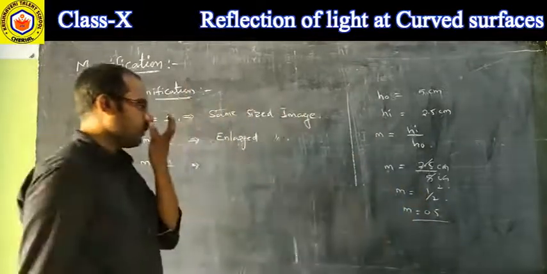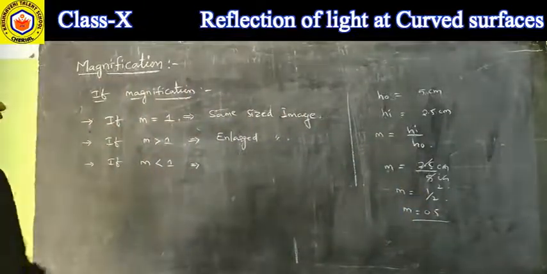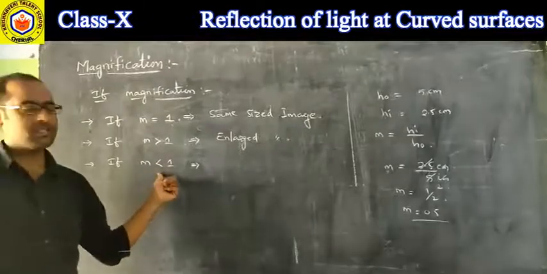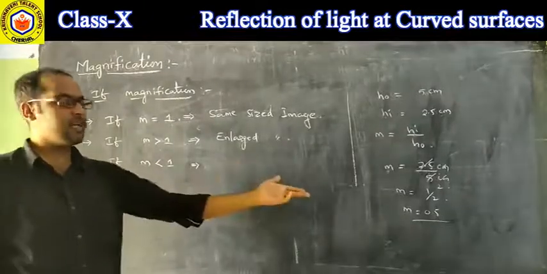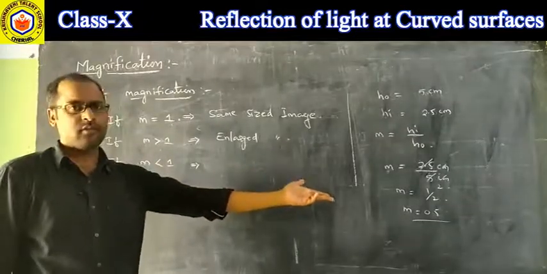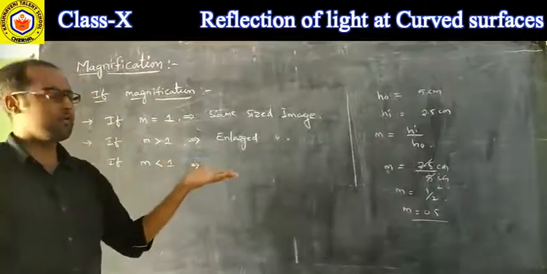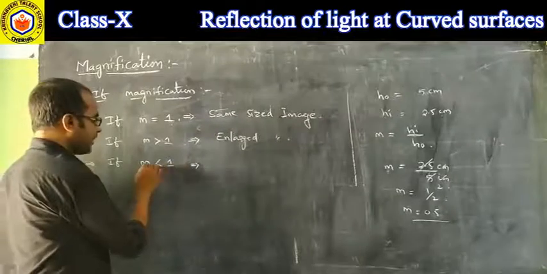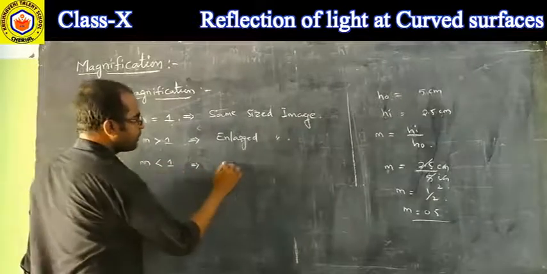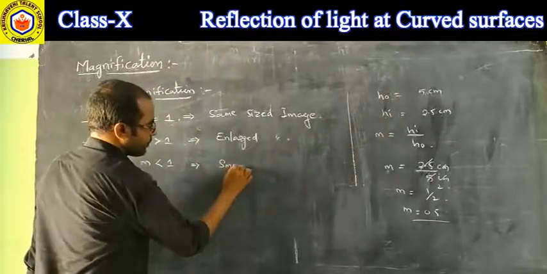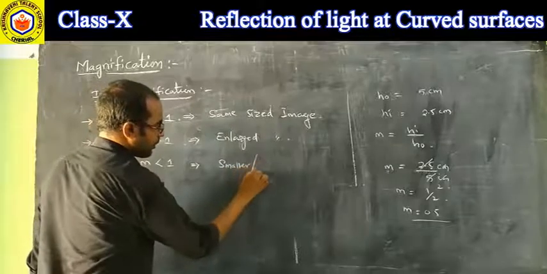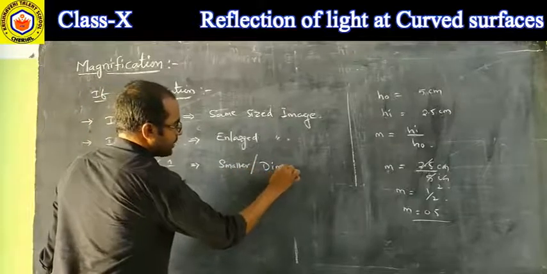Magnification value is 0.5, which is less than 1, and that indicates that a half sized image, a smaller sized image will be formed. If magnification is less than 1, that indicates a smaller image or diminished image.